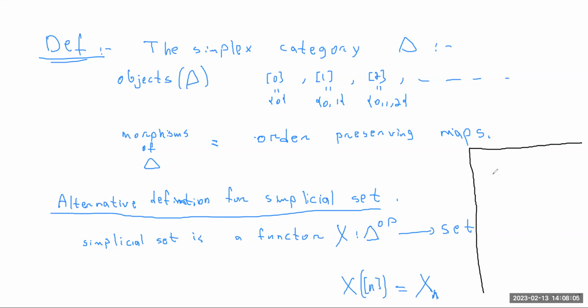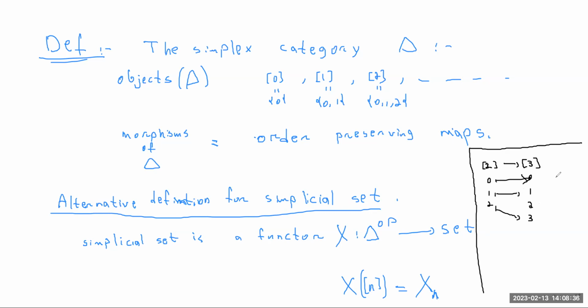The face maps: for example, from [2] to [3], from n to n plus 1, I send 0, 1, 2 to 0, 1, 2, 3, ignoring one of them. I want it order-preserving, so I send this to this and 2 to 3.